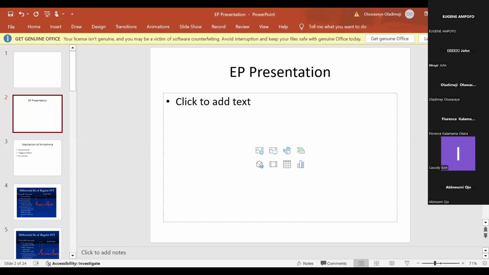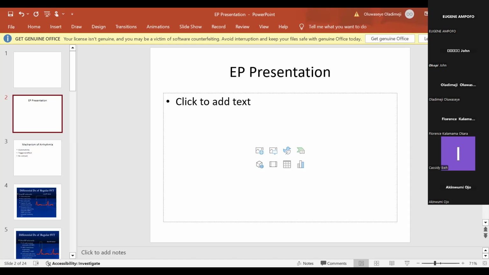Number two is that when you've done all investigations like Holter, ECG, loop recorder, and you cannot unravel the underlying arrhythmia, EP is the way to go. Number three, it not only confirms the type of arrhythmia, either tachy or brady, it can also identify the mechanism of arrhythmia.